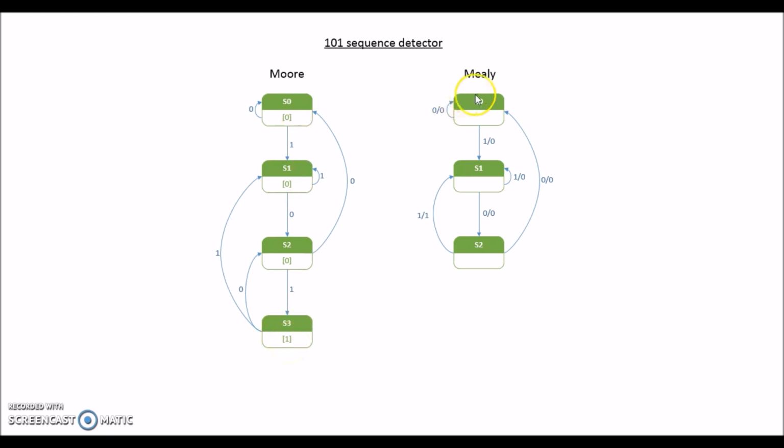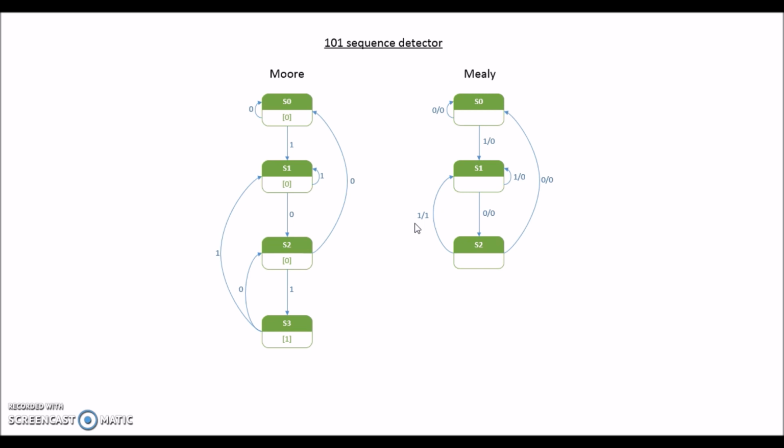Similarly in the Mealy machine, S2 and S3 in the Moore machine are combined. So in the Mealy machine we always have one less state for a sequence detector in particular. When we get the 101 sequence, the system gives output high.